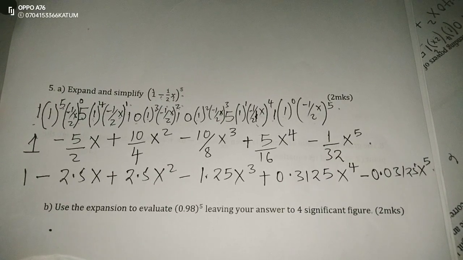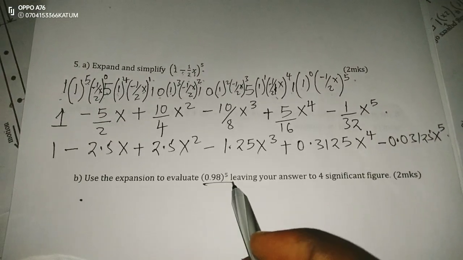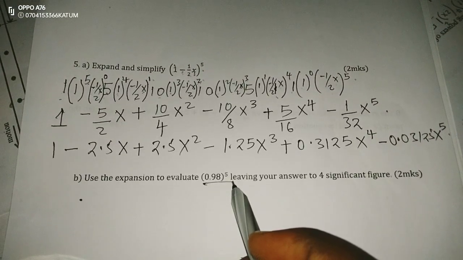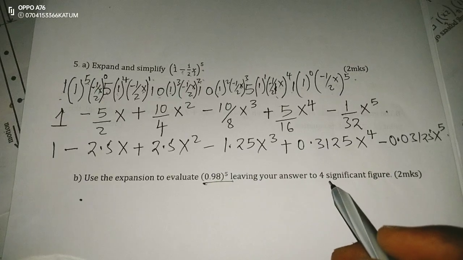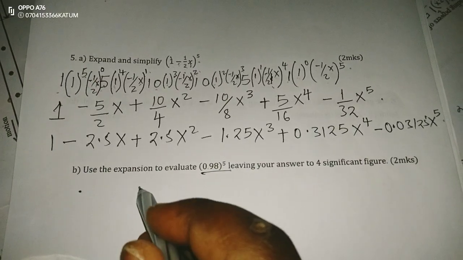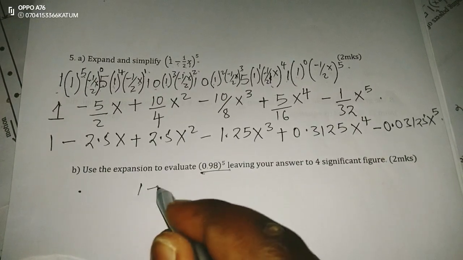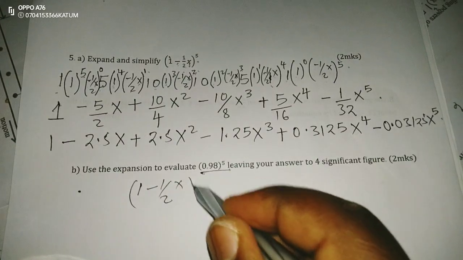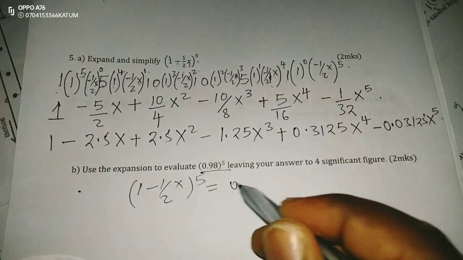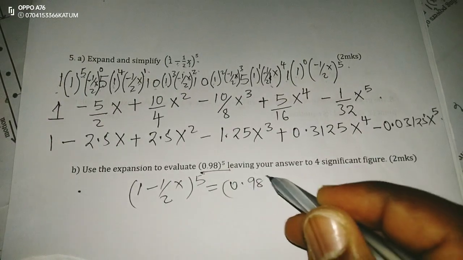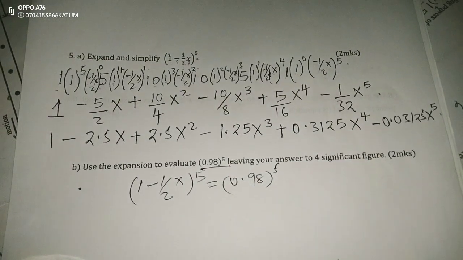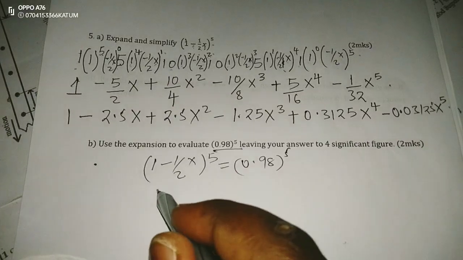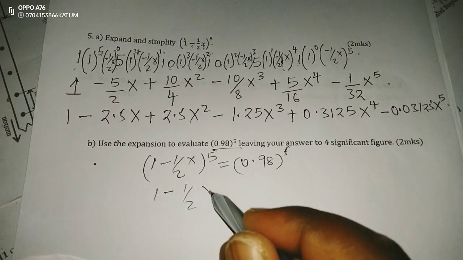Use the expansion to evaluate 0.98 raised to power 5, leaving your answer to 4 significant figures. Therefore, we're going to equate (1 − ½x) raised to power 5 with 0.98 raised to power 5. Because the powers are the same, we can equate the bases.